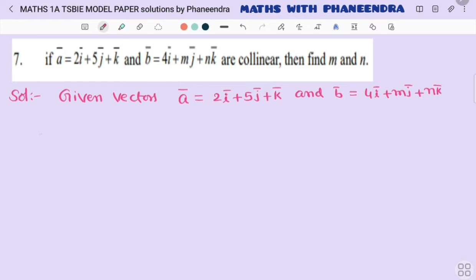Before that, we need to know one important point regarding collinear vectors.